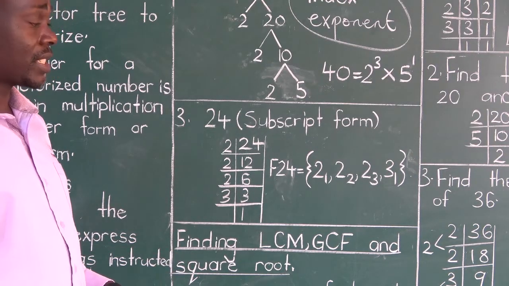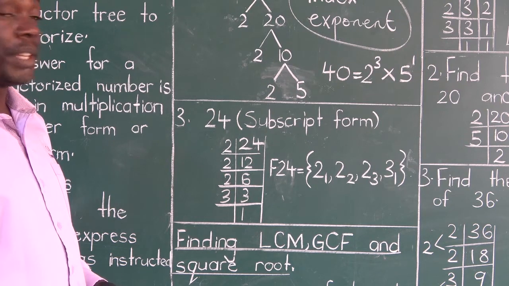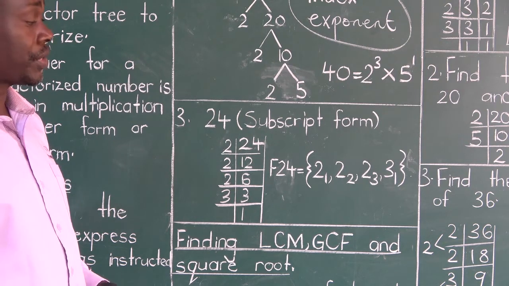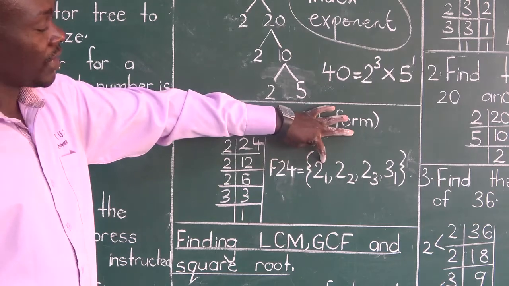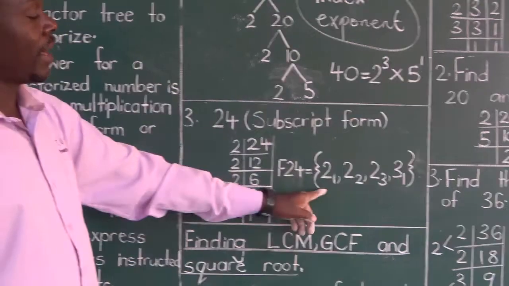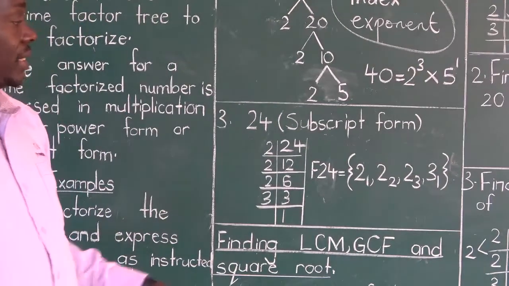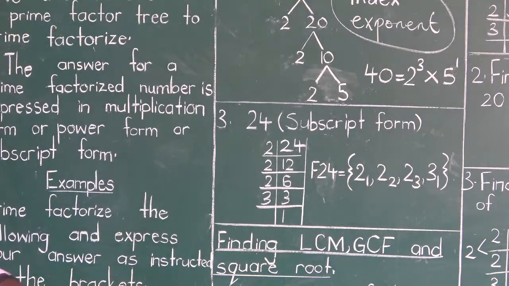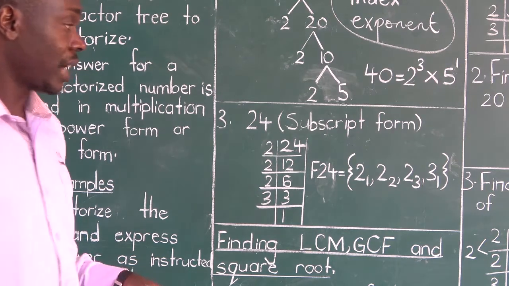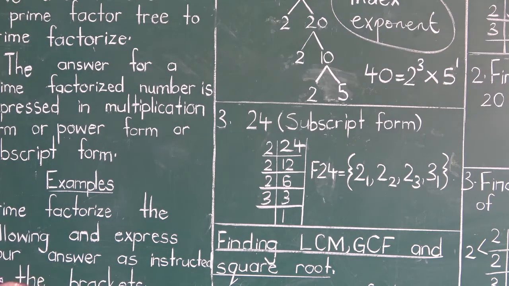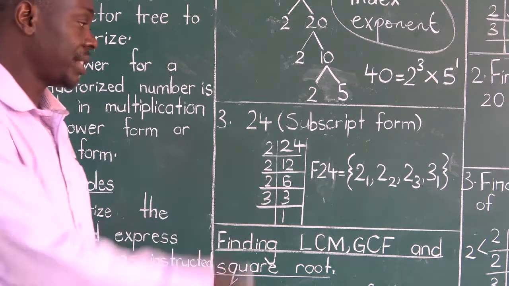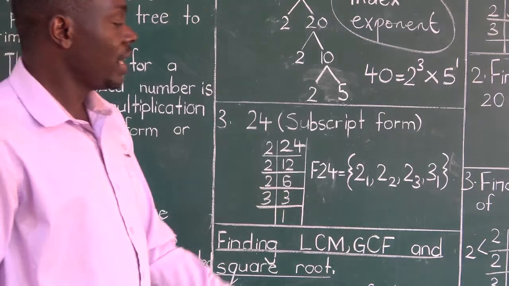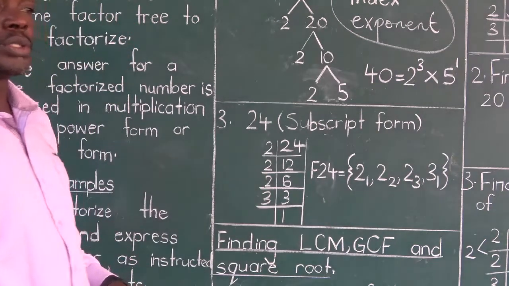They look like powers, only that now they will be down. They are called subscripts. When something is up here it is called a power, then down is called a subscript. This is the word, subscript. Not sub-biscuit, but subscript. Some will say sub-district. No, it is subscript.